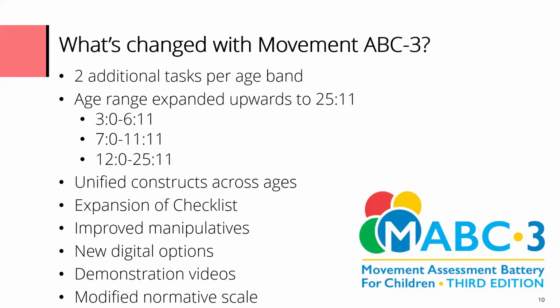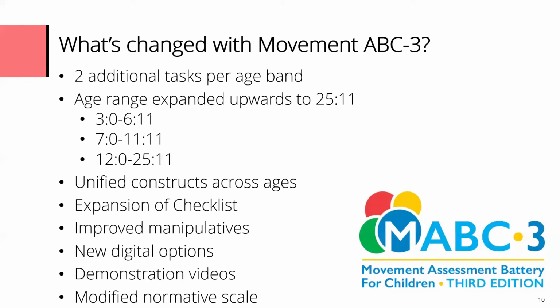And scoring of the Movement ABC has been modified when compared to the previous edition. Whereas the previous edition used standard scores with a mean of 10 and a standard deviation of 3, the Movement ABC-3 test provides T-scores, which have a mean of 50 and a standard deviation of 10.